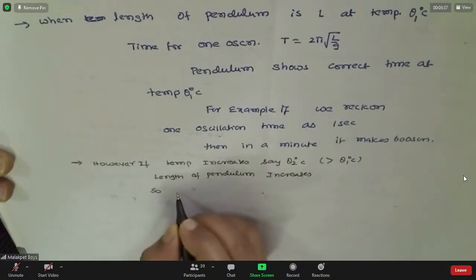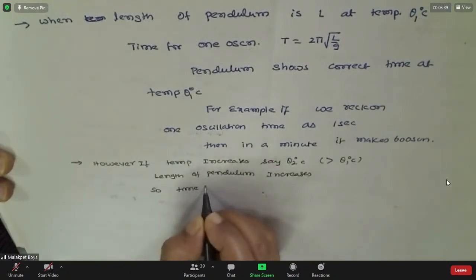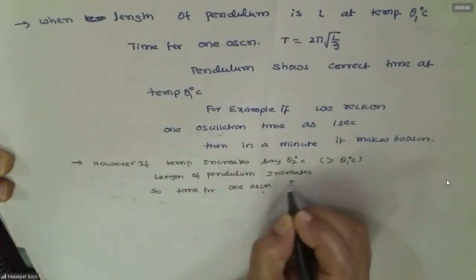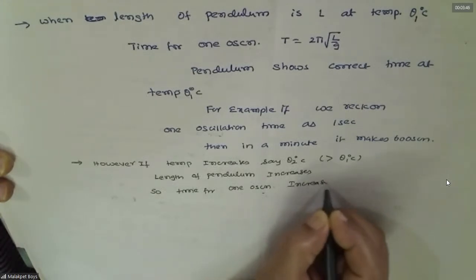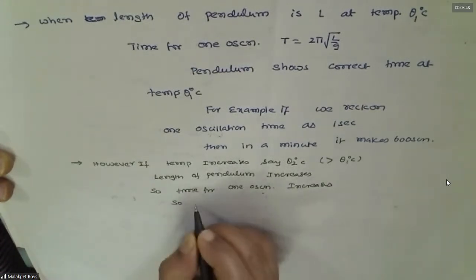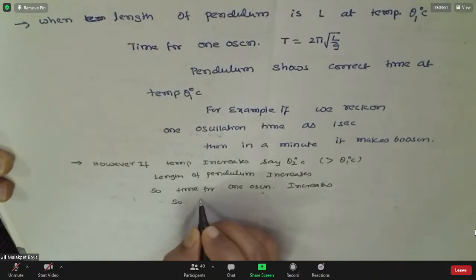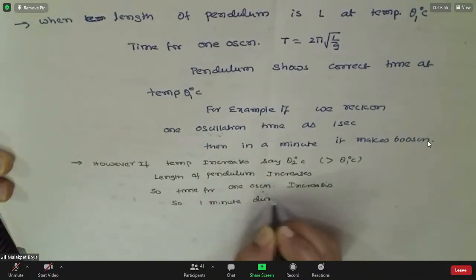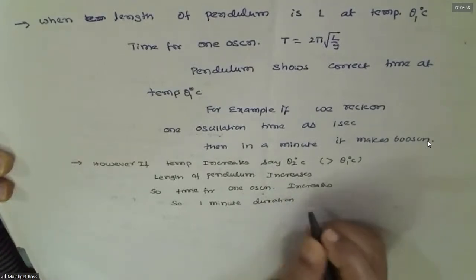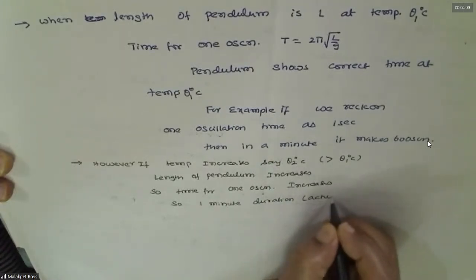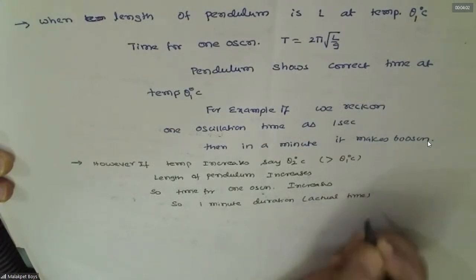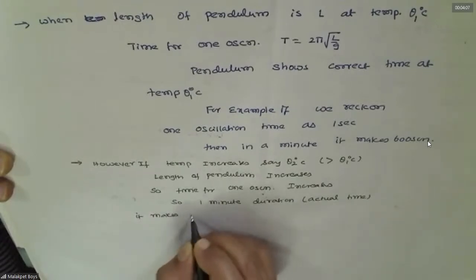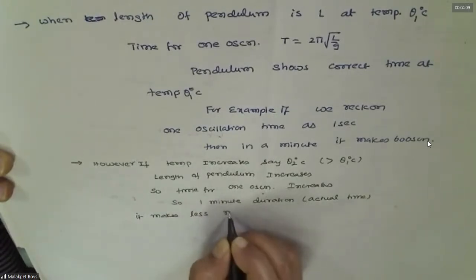So, what will happen? Time for one oscillation increases. So, you can see that in 1 minute duration, it makes less number of oscillations.